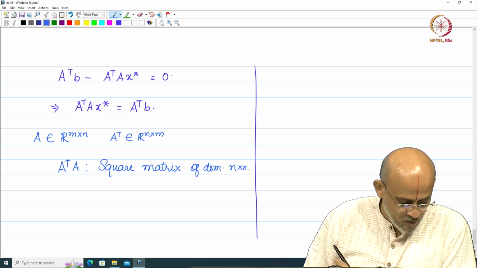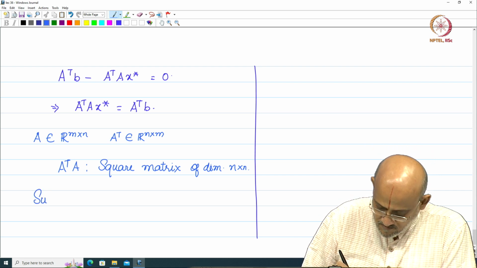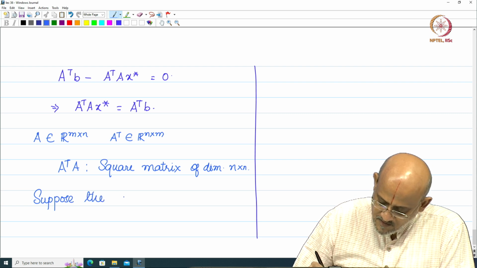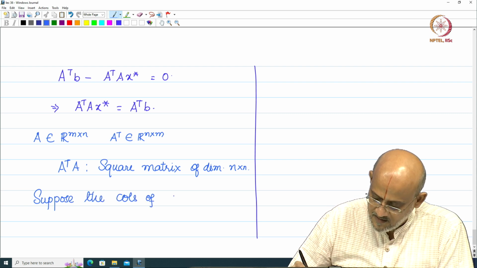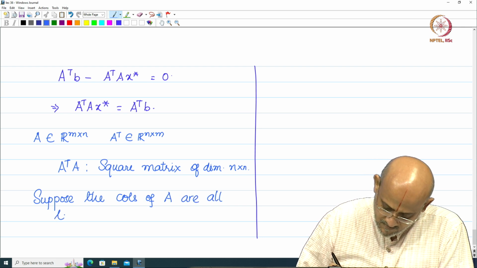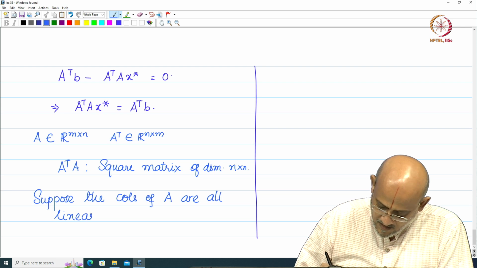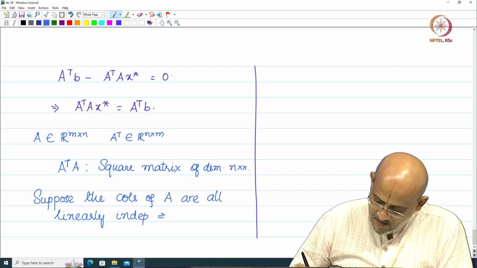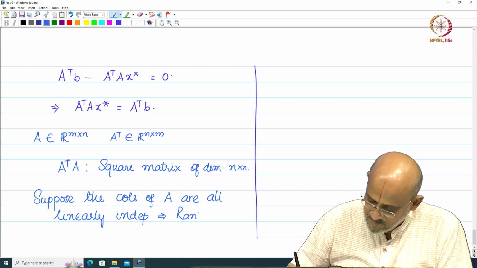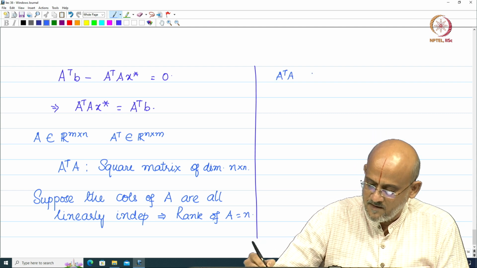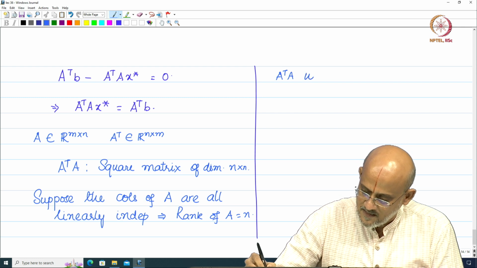So let us look at this. Suppose the columns of A are all linearly independent, that simply means the rank of A is n, A transpose A will also have a rank n and A transpose A will be invertible.